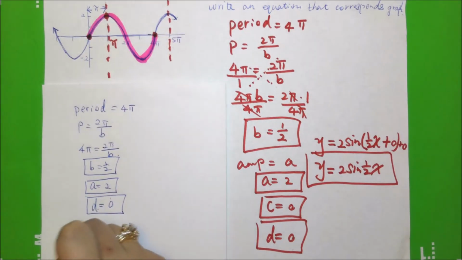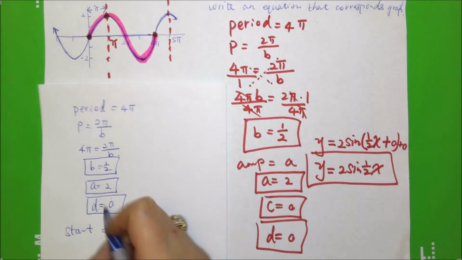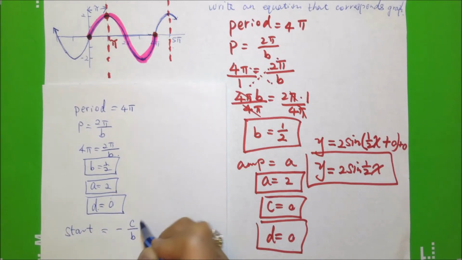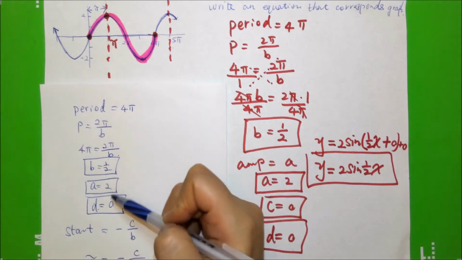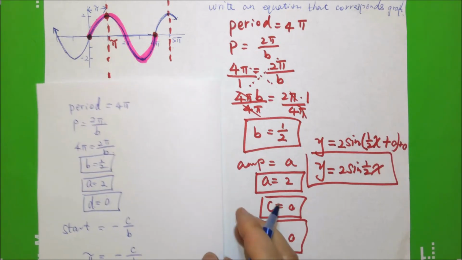So my start point equals negative c over b equals pi. When pi equals negative c over b, I do know b is 1 over 2. When I substitute b in this equation, I have pi equals negative c over 1 over 2.